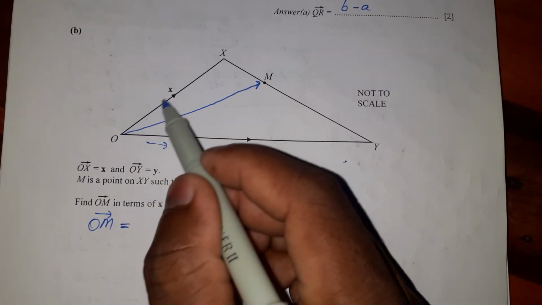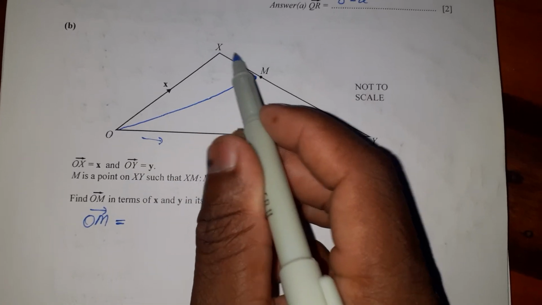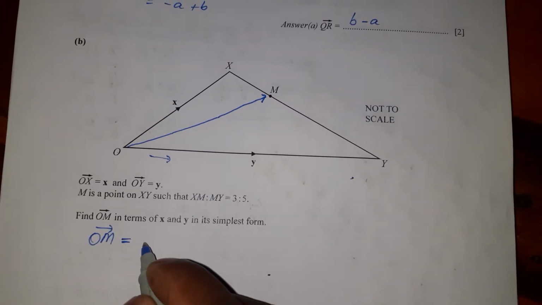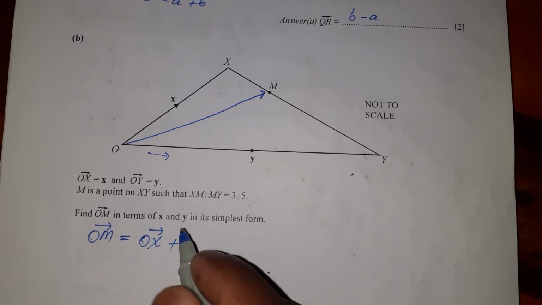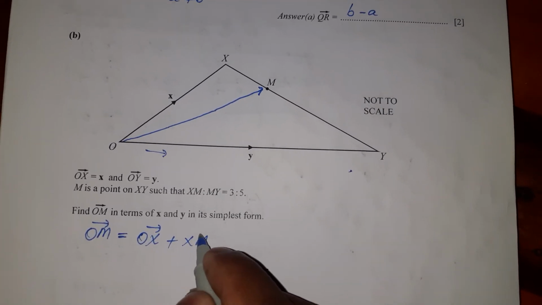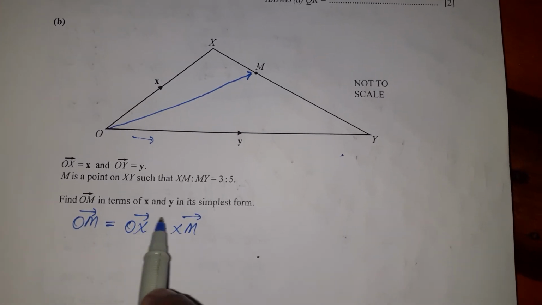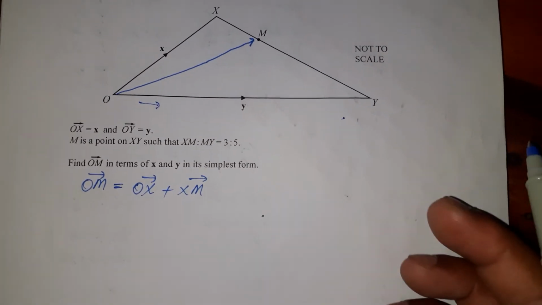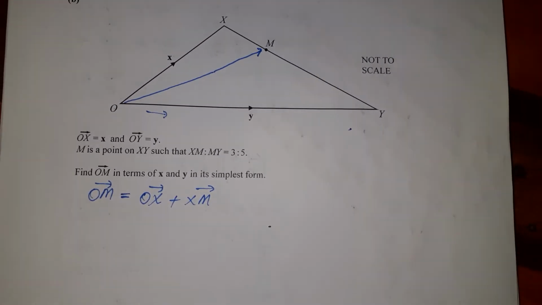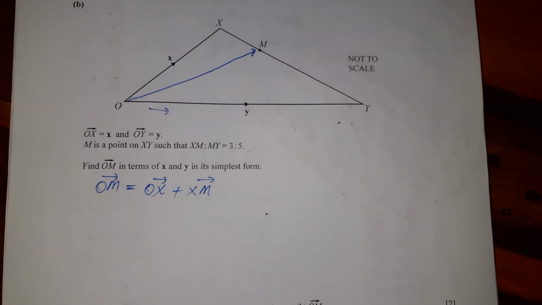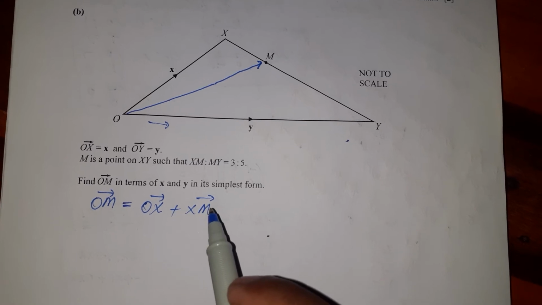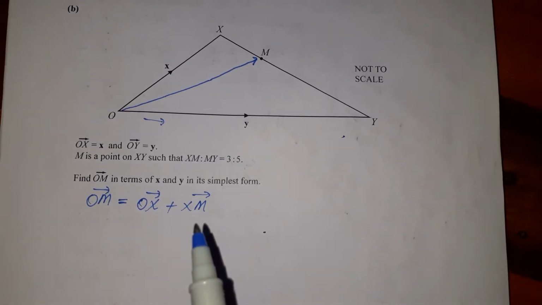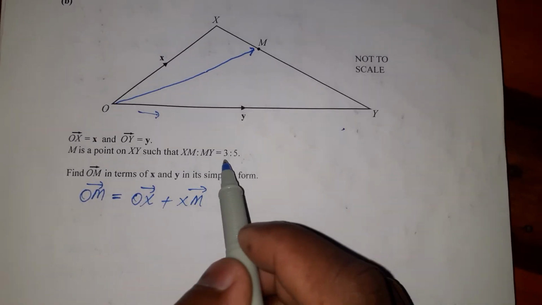First, I'll take this way, O to X and then X to M. So I'll write O, X. From X, I have to move to M. And keep in mind that the direction is very important here. Before we do everything, let's keep in mind the ratio that we are given.